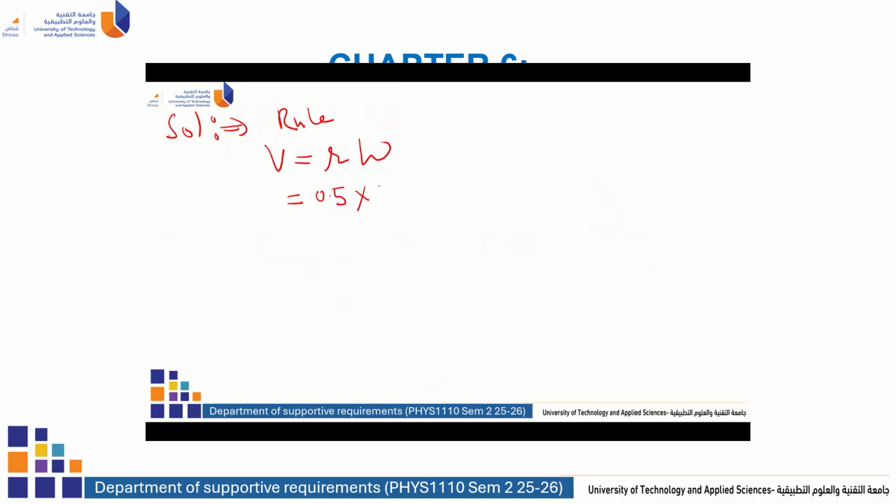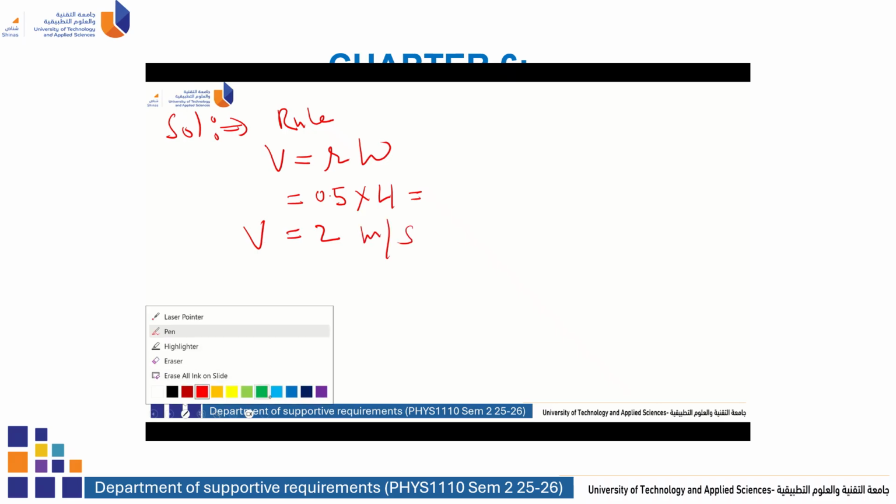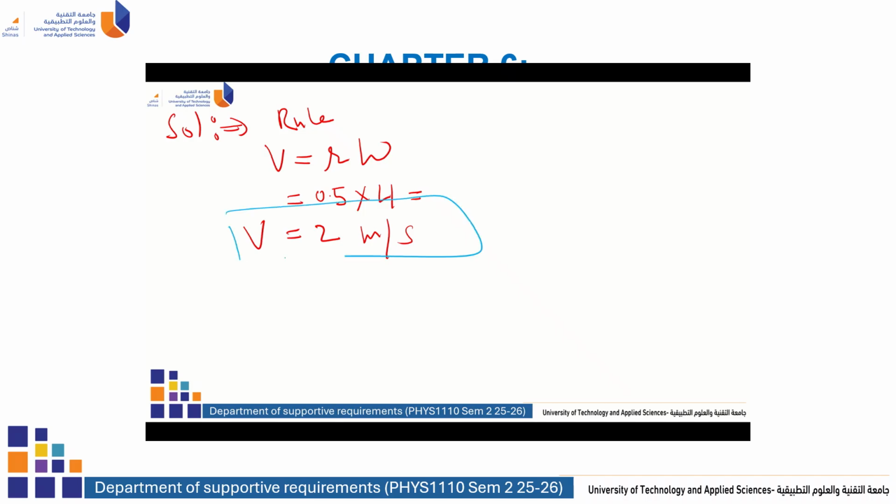If I multiply 0.5 by 4, this will be 2. This is the value of the velocity, 2 meter per second, and this is the answer.